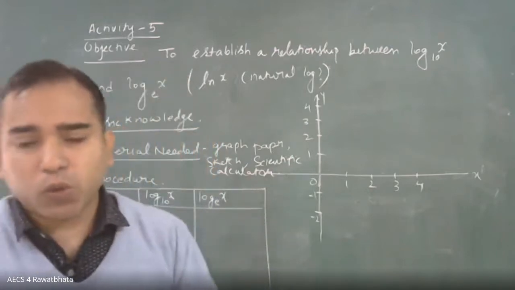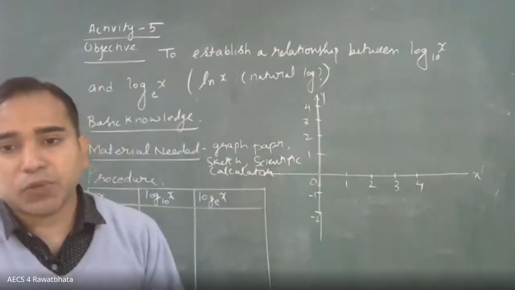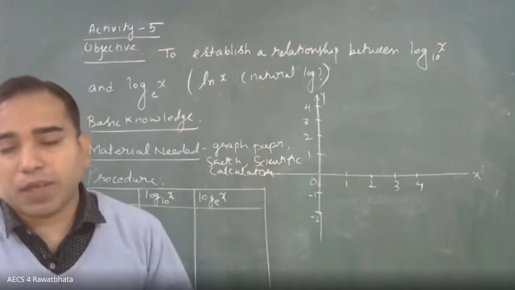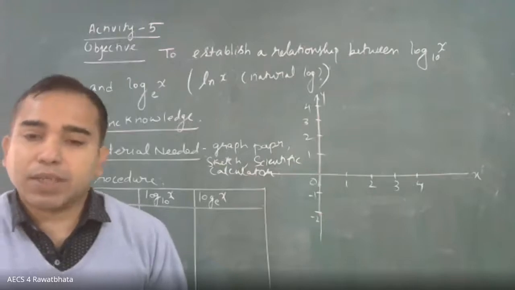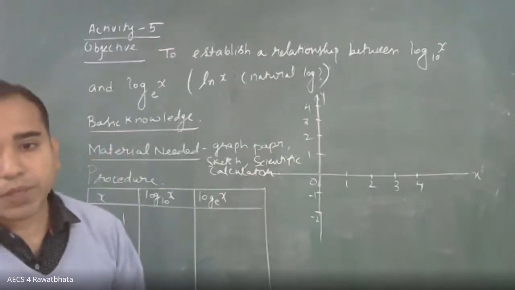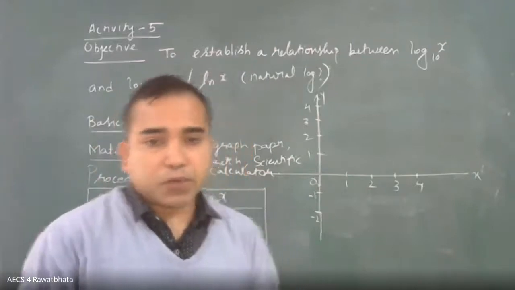If you have one right now, you can see that there is an ln x button. So use ln 2, ln 3, any value you can determine. If you do not have a scientific calculator, then Google search is also there. But if you have a scientific calculator, better use that.